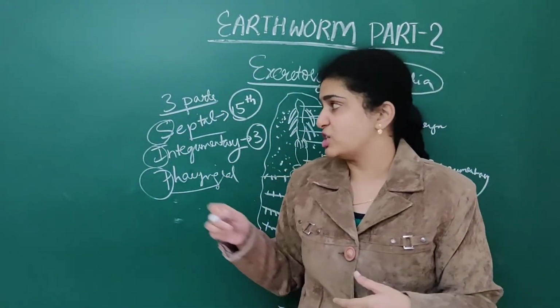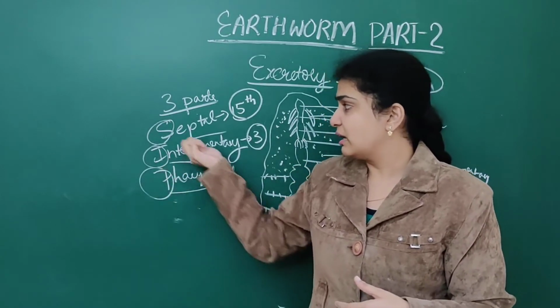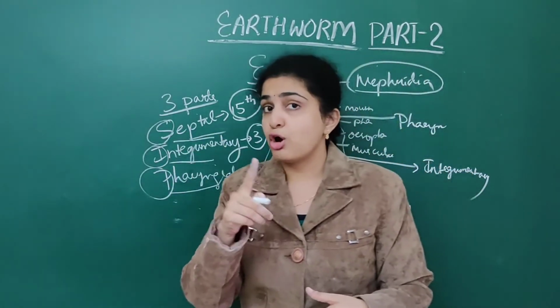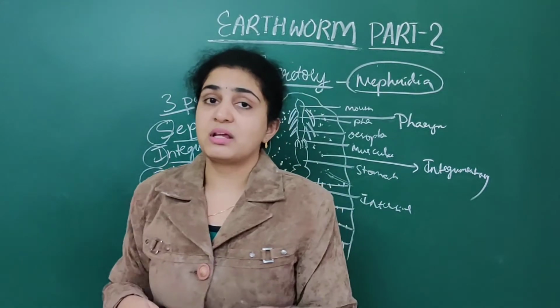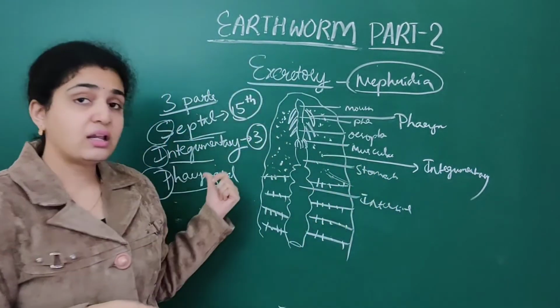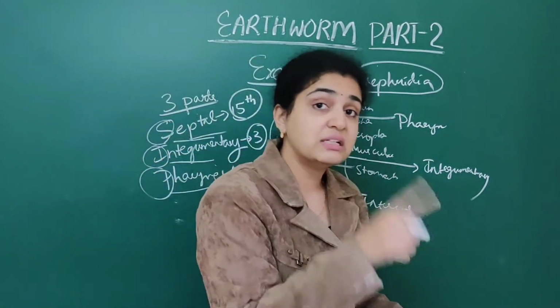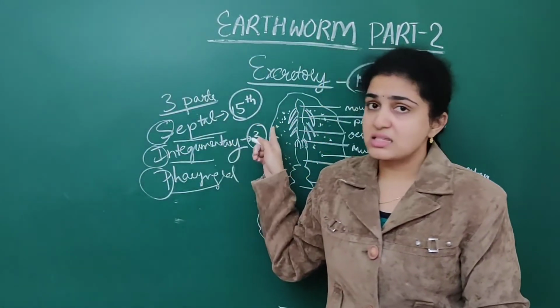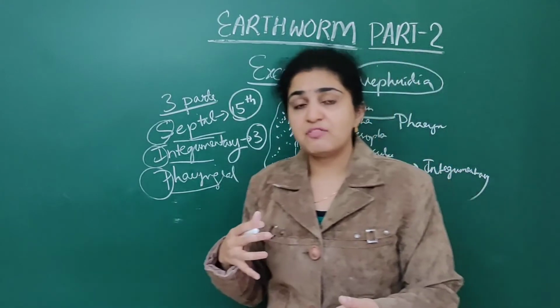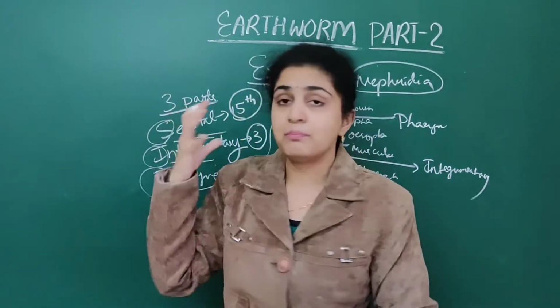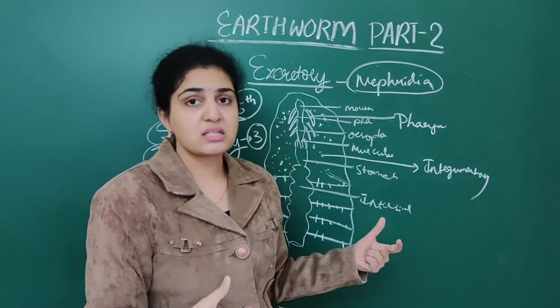Then you should answer integumentary as well as septal. You should not say only septal nephridia are present, because integumentary nephridia are also present in the last segments. They extend from the 3rd segment to the last segment, whereas septal nephridia mainly extend from the 15th segment to the last segment.